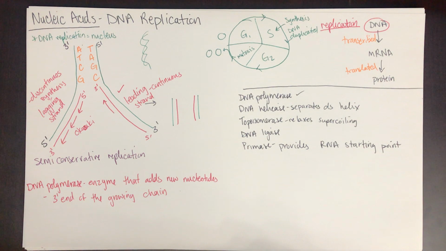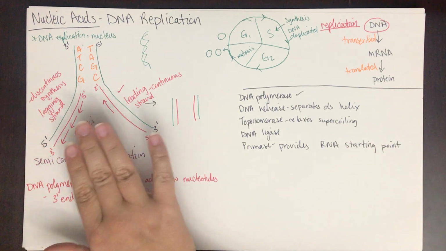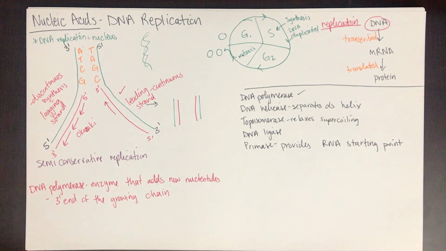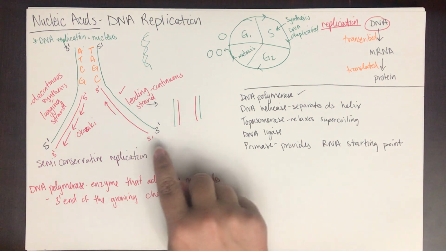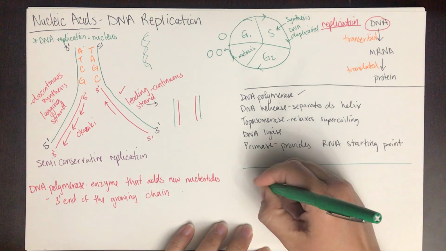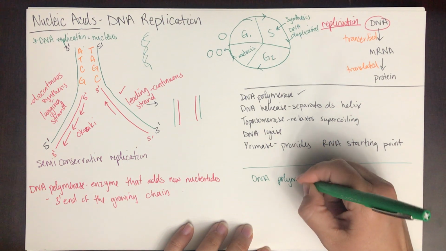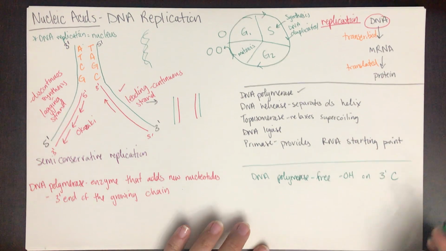So there's a lot of good pictures in here of exactly what is happening. The thing that is most important for us to recognize is the directionality of this process. And the reason that this is important, the reason that we can only add new nucleotides to the 3' direction is because the DNA polymerase needs the free hydroxyl on the 3' carbon.